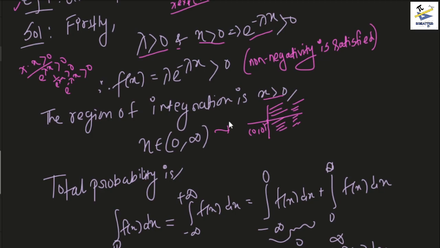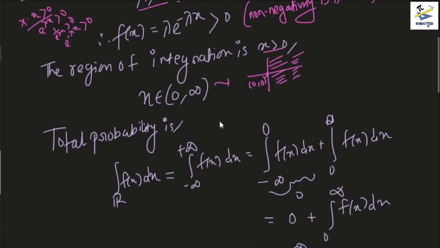That is how infinity will be defined. Now the total probability will be the integral over the real line of f of x dx, right? Now the real line basically means minus infinity to plus infinity. This is how the real line works in one dimension.